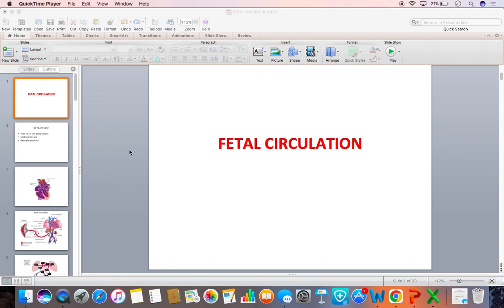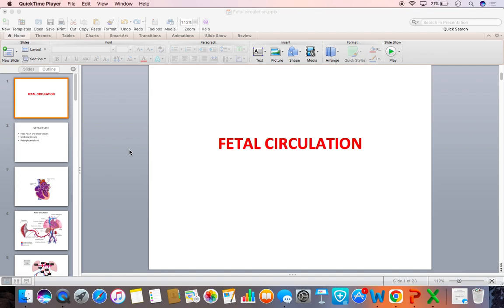So there are certain important structures in the fetal heart like foramen ovale, and there are vascular structures like ductus arteriosus and ductus venosus in the fetal circulatory system, which are very important during the fetal life.